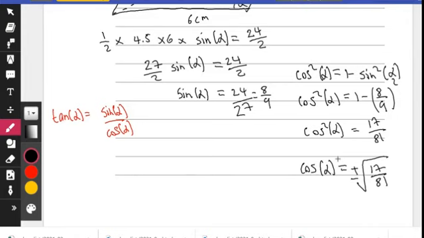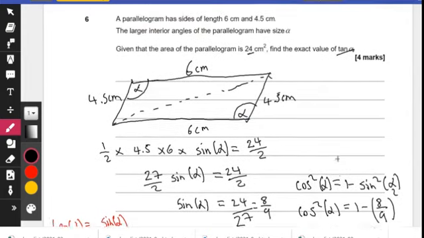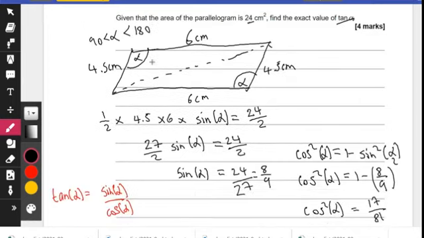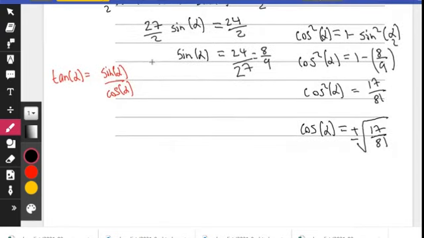Question is, is it going to be plus or minus? Well, based on the question, it says that the larger interior angles of the parallelogram are alpha, which means it's going to be obtuse. So alpha is in between 90 and 180. If you take cos of an angle between 90 and 180, I'll just do a little sketch of the cos graph.